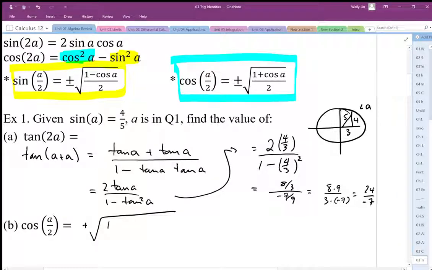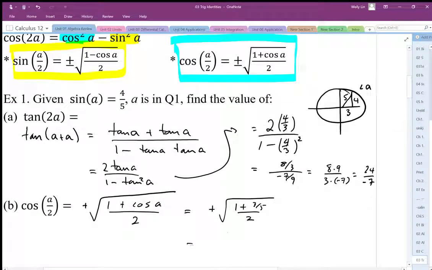So it's going to be the square root of 1 plus cosine of A over 2. When we plug that in, cosine of A is 3 over 5. So we get the positive square root of 1 plus 3 over 5, divided by 2. And that works out to be 8/5 divided by 2, which is 4/5, under the square root.